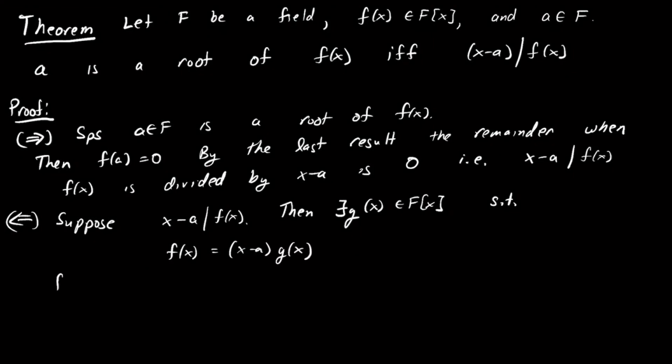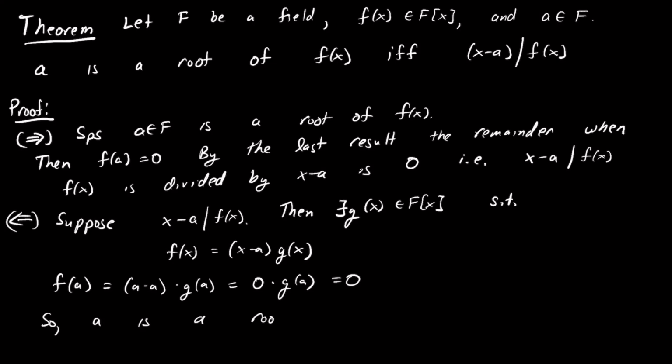Well, then if I plug in x equal to a, I'll get a minus a times g of a. In other words, I'll get 0 times g of a, which is just equal to 0. So I know that a is a root of f of x. Okay, and this proves our result.